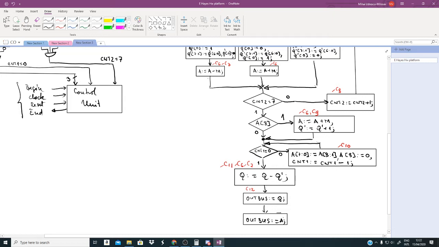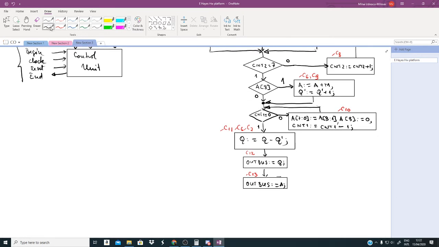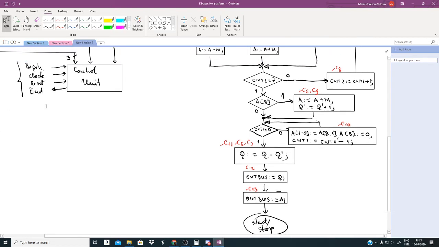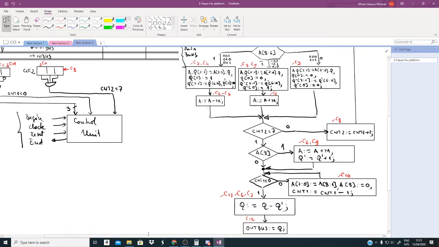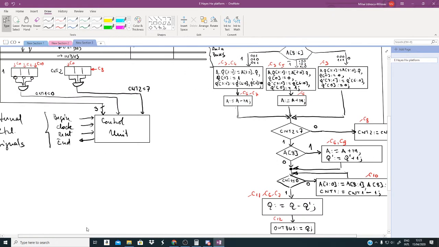To this end, we use C13, and then we go to the start stop state.